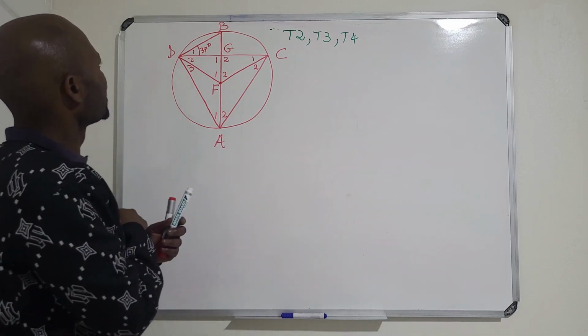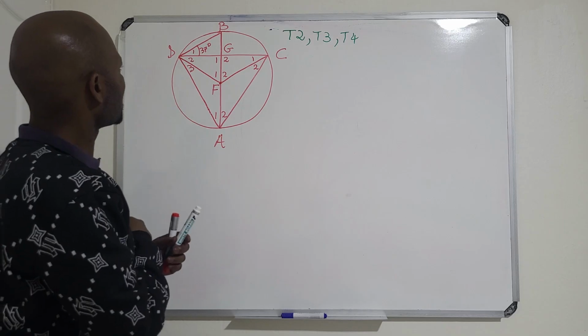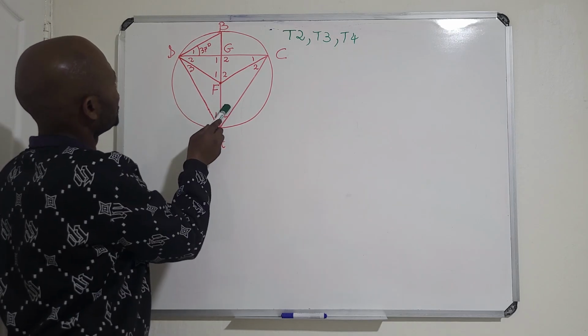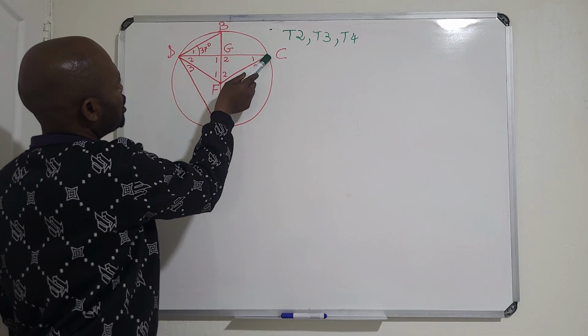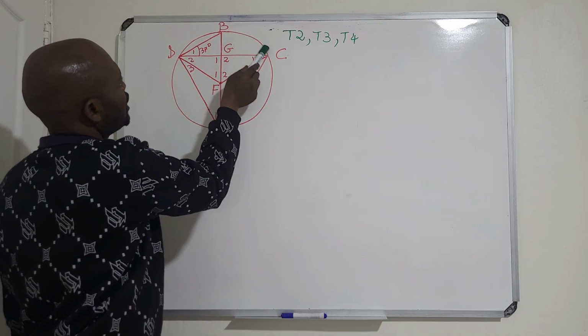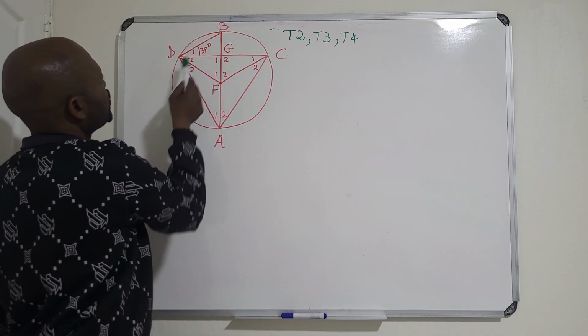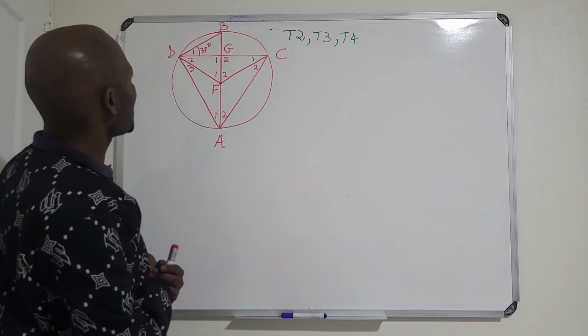As I am looking at this problem, I can see that this arc subtends this angle. You can see this arc, it subtends this angle, which is D1. This arc subtends which other angle again?